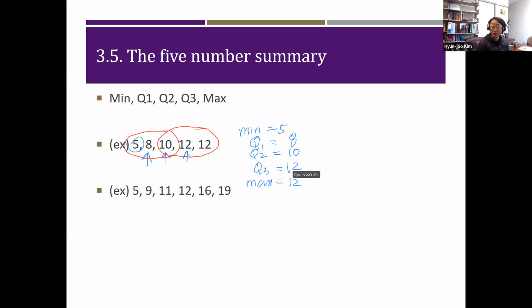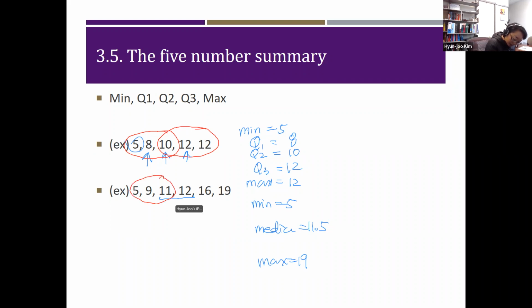So that's the 5 numbers. Now, for an even number data set, here your minimum is 5, your maximum is 19. Your median is the middle value, which is between 11 and 12, so your median is 11.5. And now you divide your data set into 2. This time it is a little easier, right?